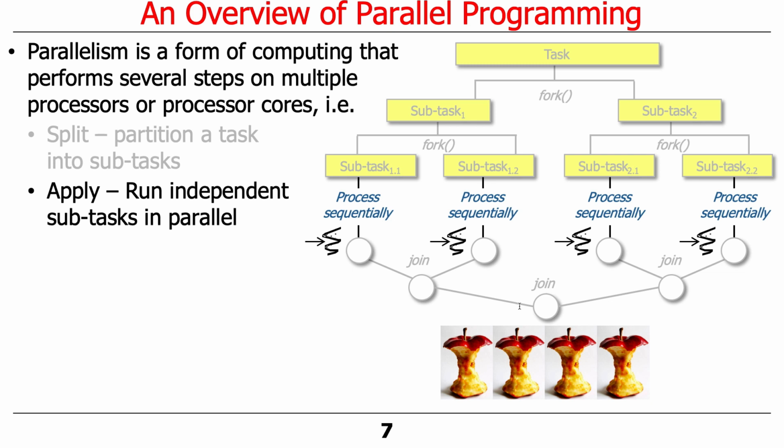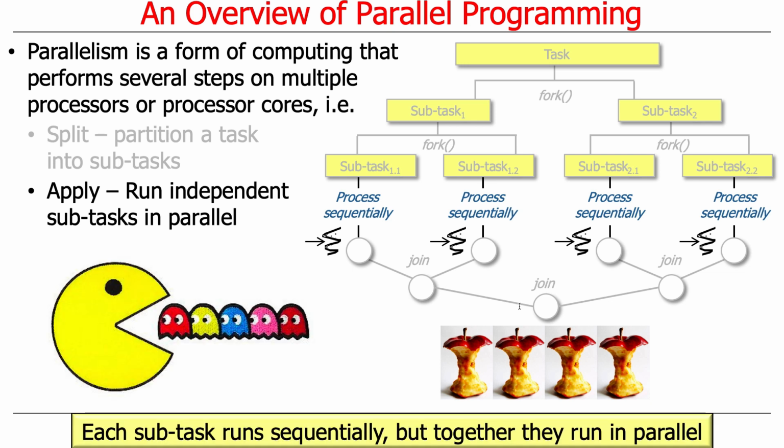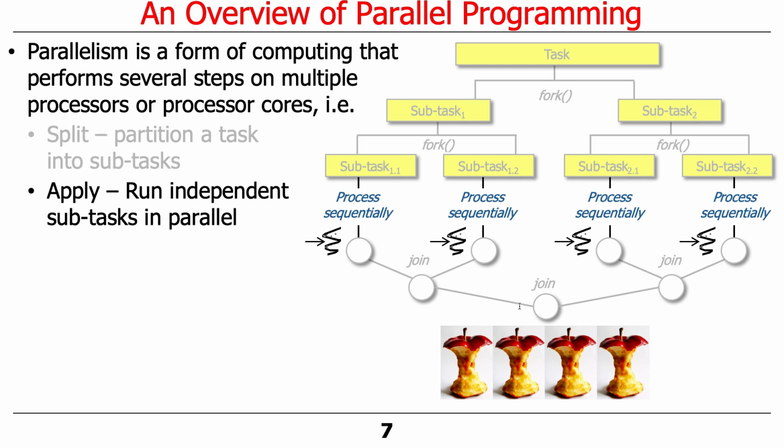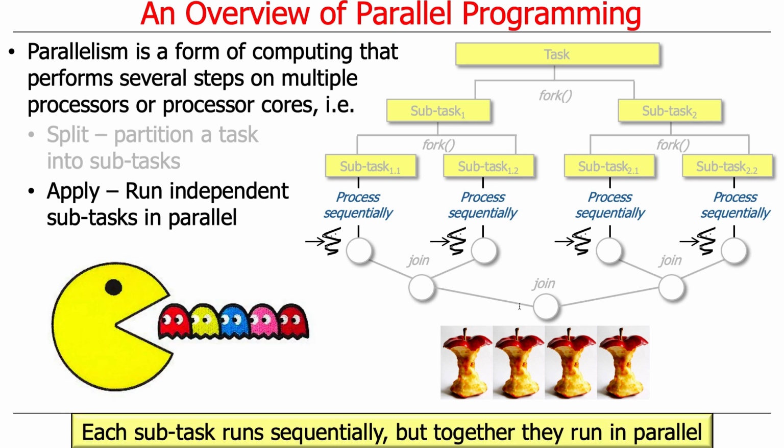So each subtask is doing its own thing sequentially, but the whole kit and caboodle will run in parallel.